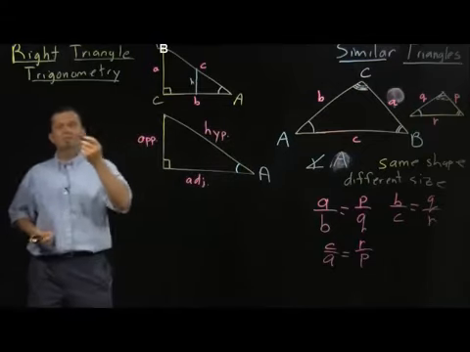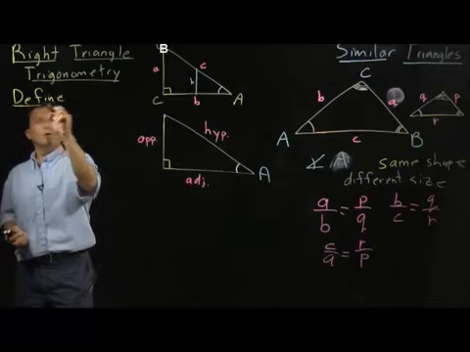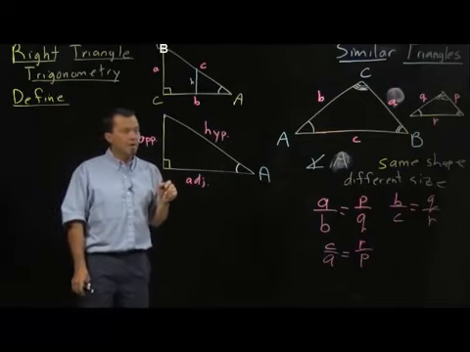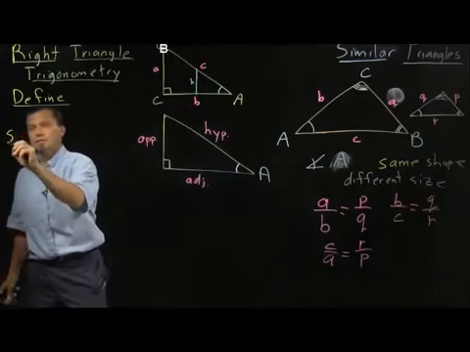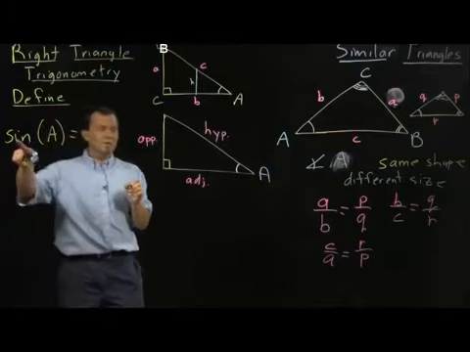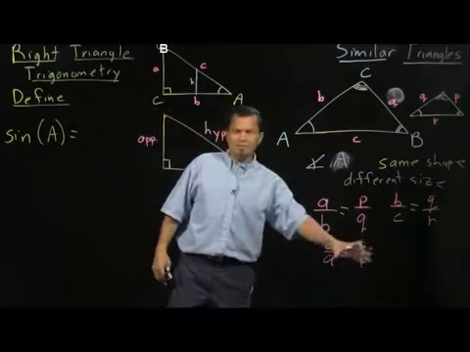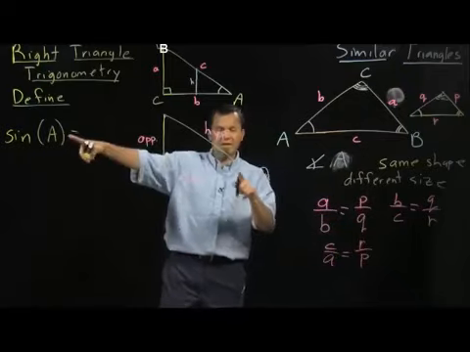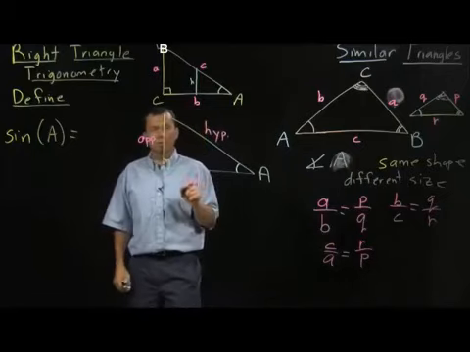Now this allows us to define our trig functions. Okay? And what we're going to do is we're going to put an angle into this funny function. Okay? And all we're trying to do is get some sense of proportion, so that we can look at any angle A on a right triangle, and they're going to be the same proportion no matter what.